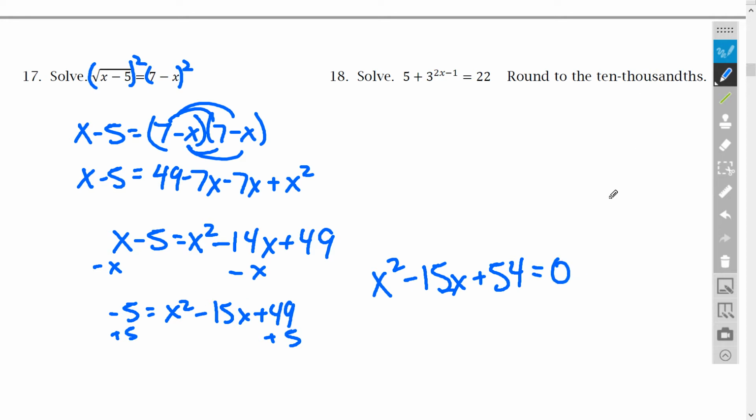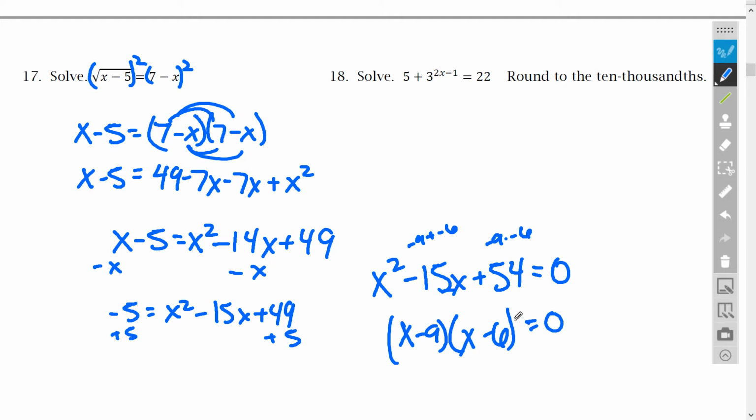And then I'll check to see if this can be factored, which means I'm looking for two numbers that multiply to 54 and add to negative 15. And it looks like I have negative 9 and negative 6. Negative 9 times negative 6 is 54. Negative 9 plus negative 6 is negative 15. So I can factor this into x minus 9 and x minus 6.